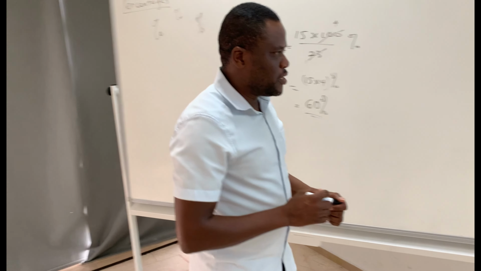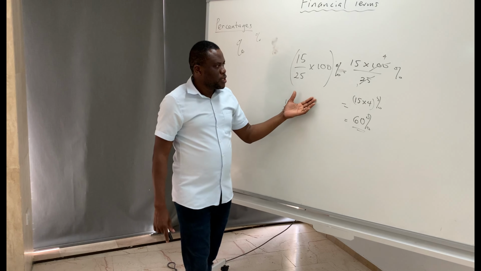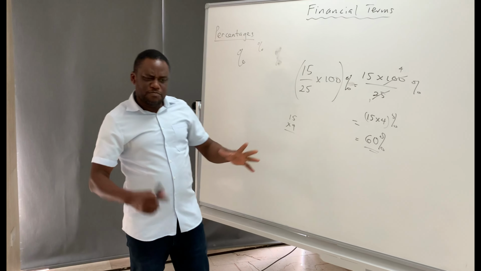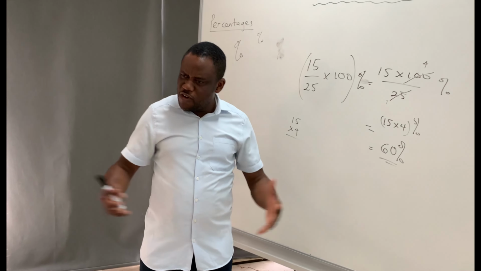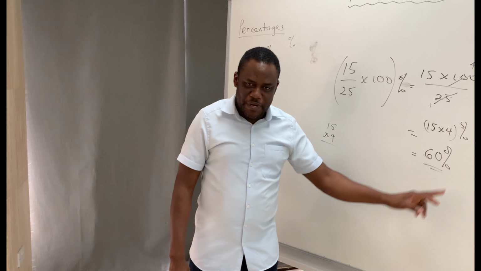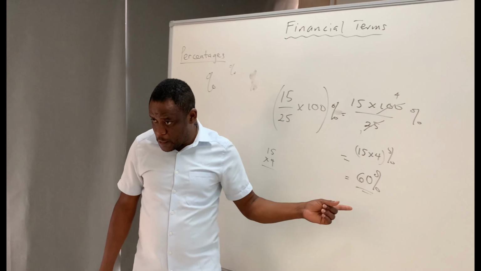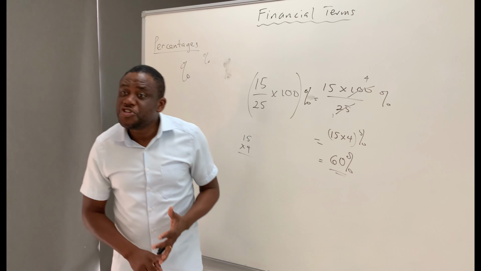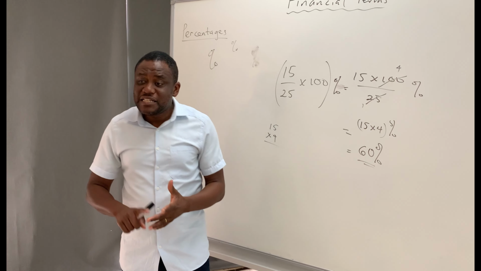Okay, let's look at another practical example. Having said that, you see, percentage comprises so many terms. This is percentage, right? 60%. If you would like, we can write it in fractional form. We can write it in ratio, if you want. We can write it in decimal.